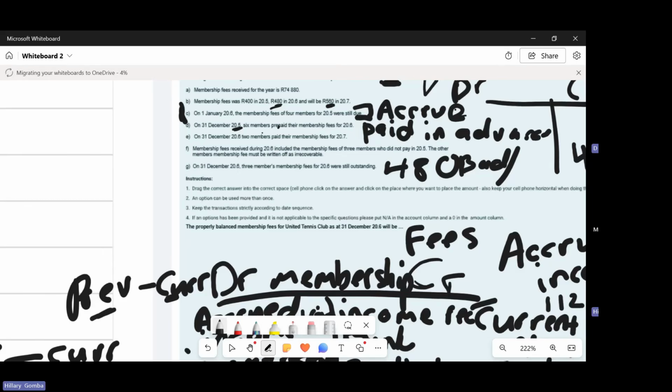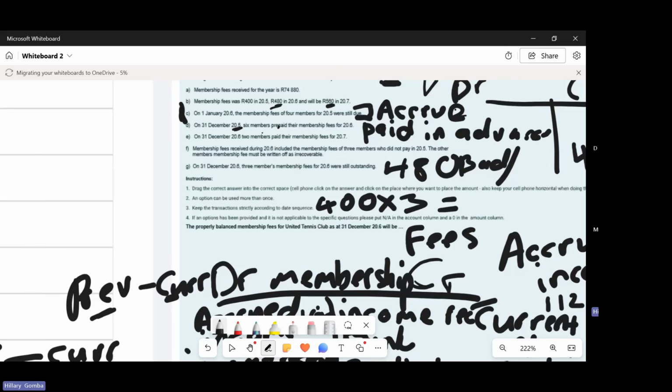Okay, so on this one, it's members that were owing us in 2025, and our membership fees for 2025 was 400, and we have to write 3 of them off as a bad debt. So it will be 400 times 3, which is 1.2.